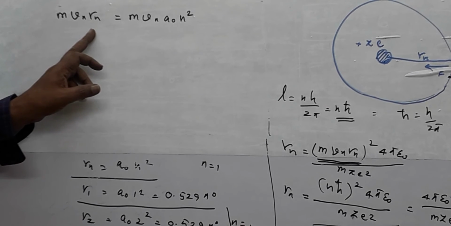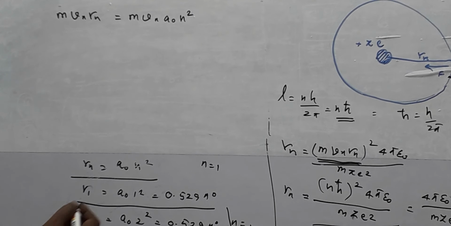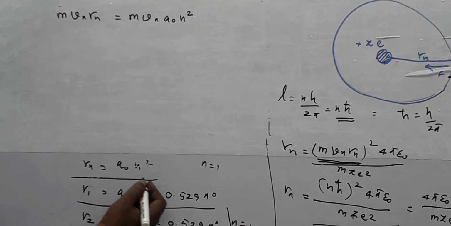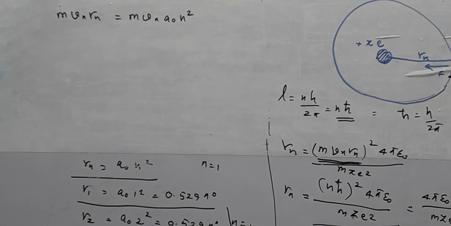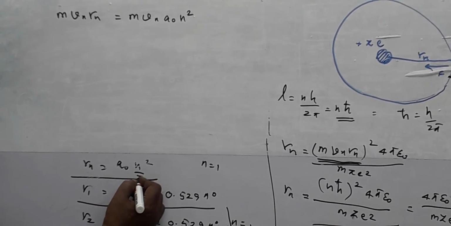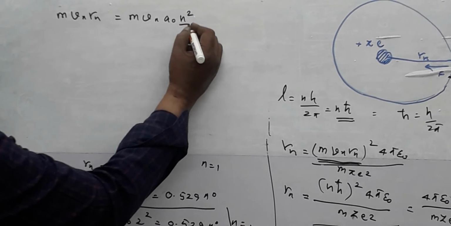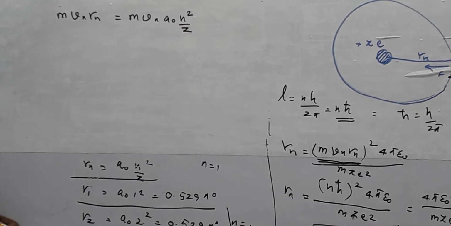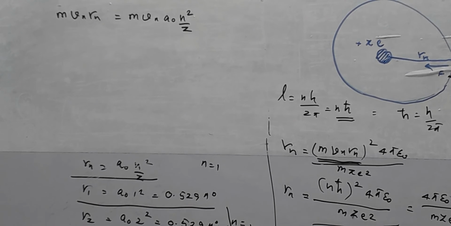So mvn Rn is nothing but, here you already know the value of Z also. Z means n square by Z. That's why we have to put the value of Z. In your textbook, I think on page number 151, there was a mistake.